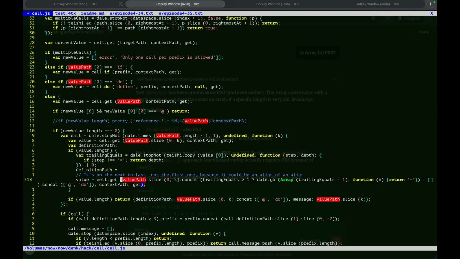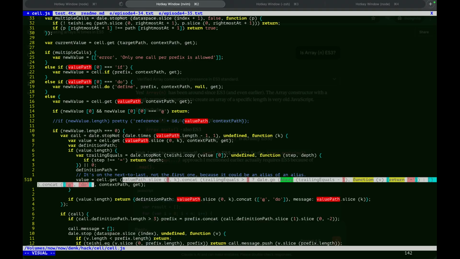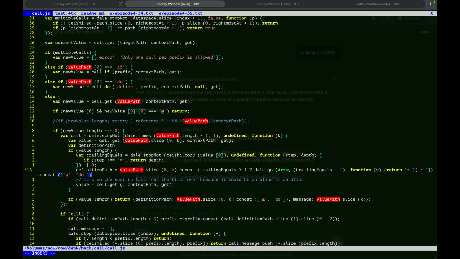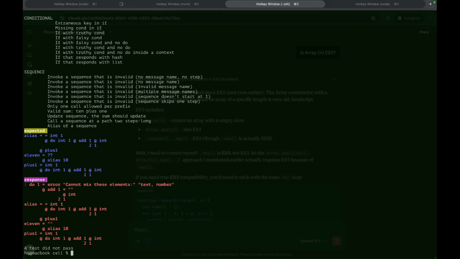Definition path will be equal to... nice, it worked.